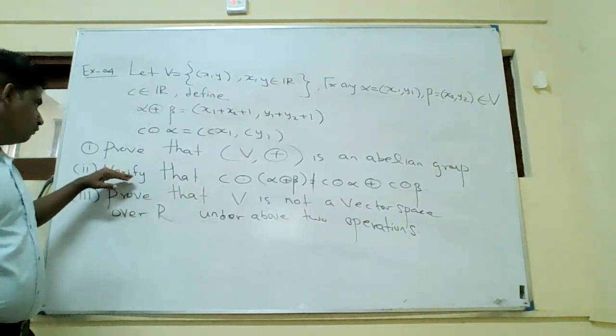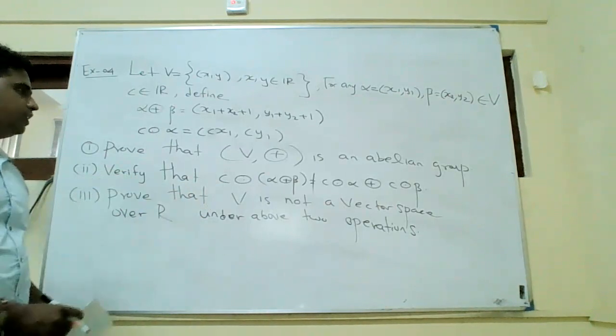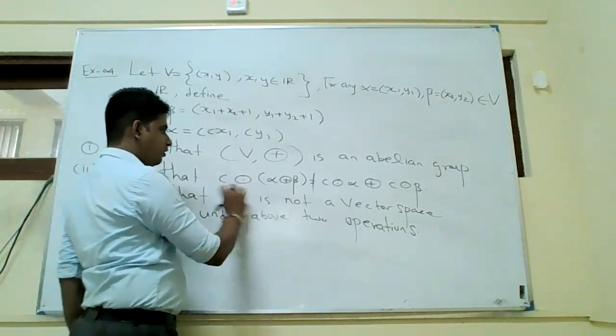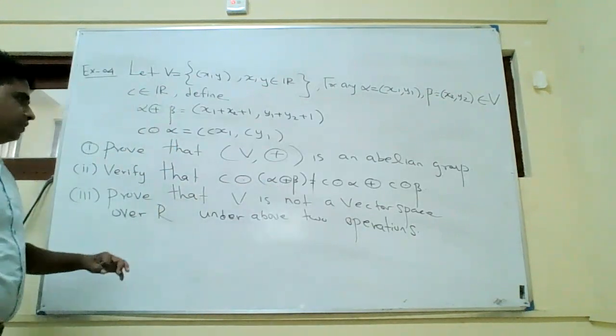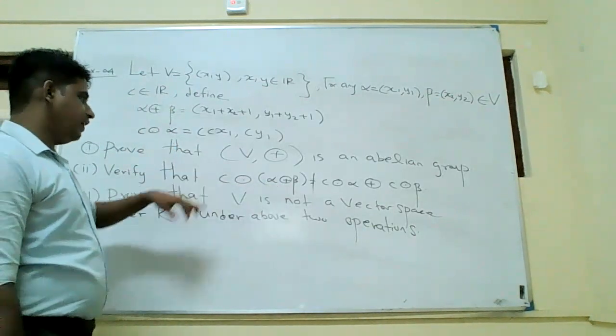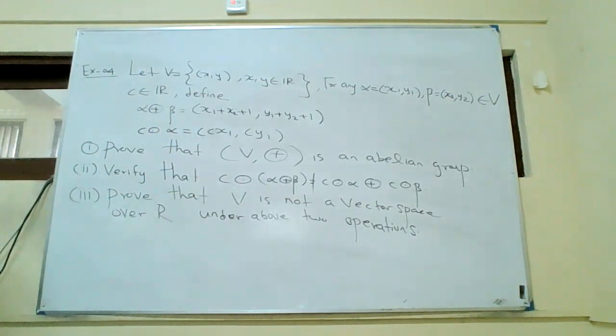Suppose you prove this condition, then we can easily say that B is not a vector space, because it is one of the axioms of a vector space. Suppose this axiom is not satisfied, then we can say that B is not a vector space. Okay, for this question, we will do it now.